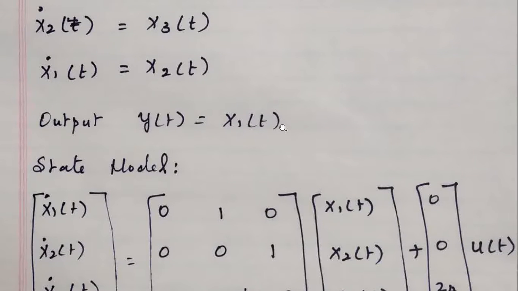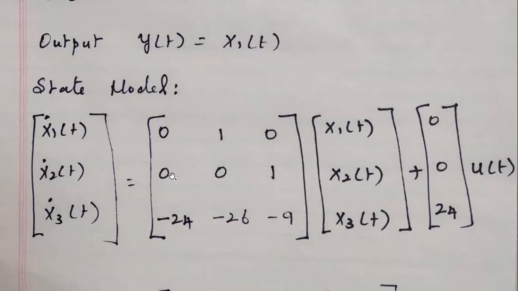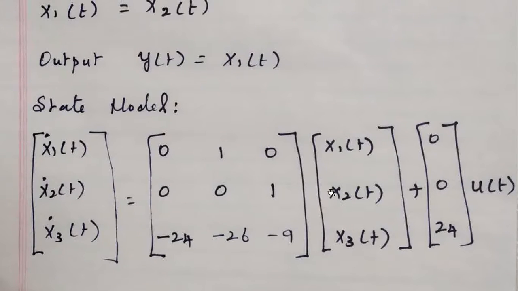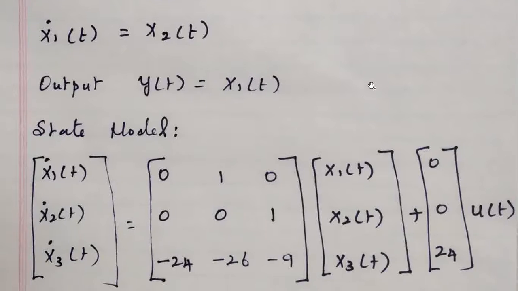Now x2 dot of t is only x3 of t: 0 x1 of t plus 0 x2 of t plus 1 x3 of t plus 0 u of t. For x3 dot of t, the x1 coefficient is minus 24, the x2 coefficient is minus 26, the x3 coefficient is minus 9, and the u of t coefficient is 24.